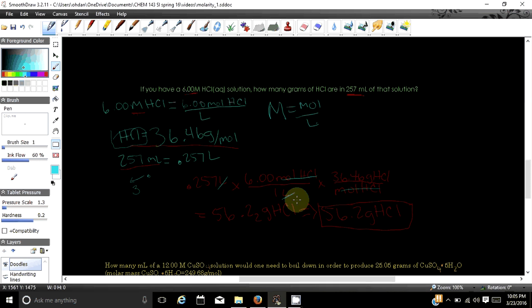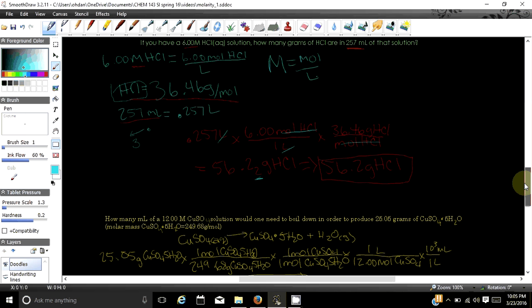And we'll just be left with grams of HCl, which is what we wanted. 56.22 when I did my math, grams of HCl. And then since this number right here is lower than 5, this will be our final answer. We won't have to round up, just leave it how it is. 56.2 grams of HCl within 257 mL. And that would be your answer there.